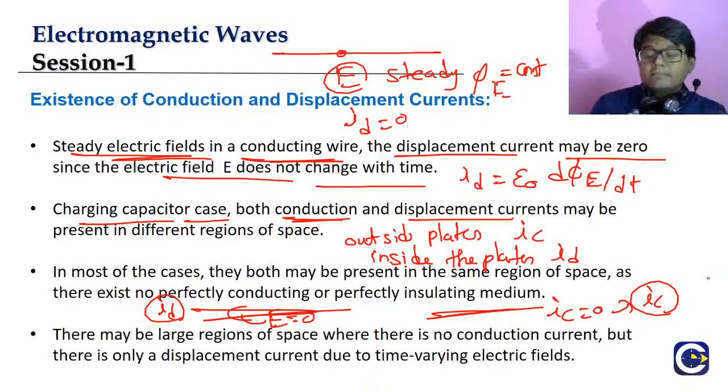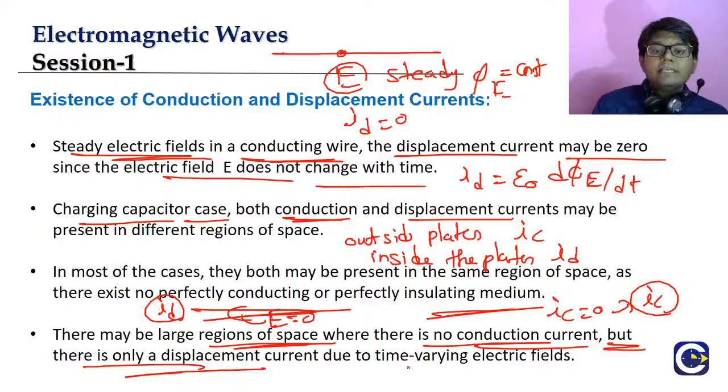And in some cases, like the regions through space, there will be no conduction current. When we cover a large distance or large area in space, we may see no conduction current, but still we see a magnetic field getting produced.